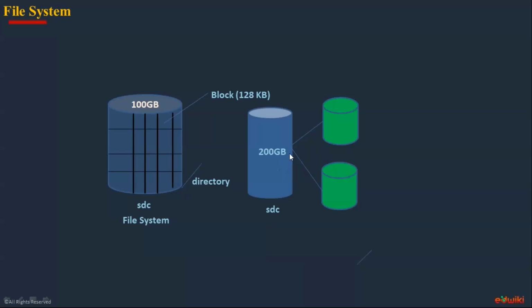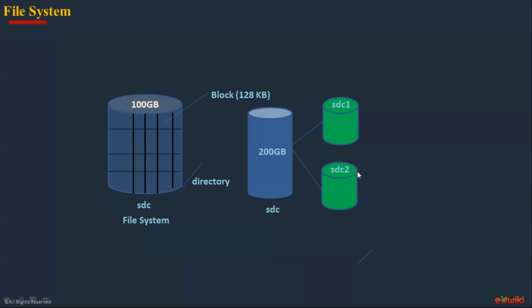I don't want to use this entire 200 GB volume as one single file system, the way I did it some time back. If you want to use this entire 200 GB volume as two file systems, you first divide the volume into two different partitions.